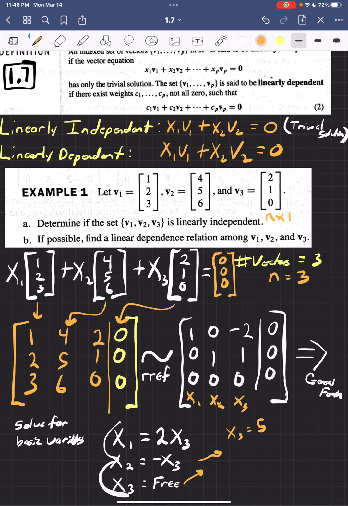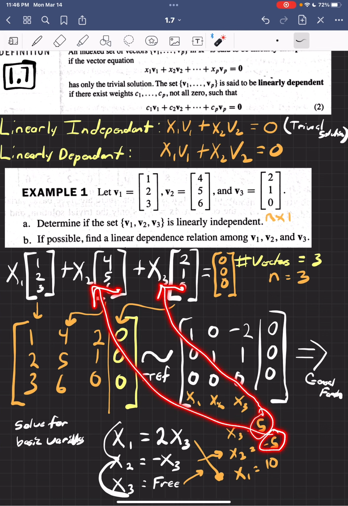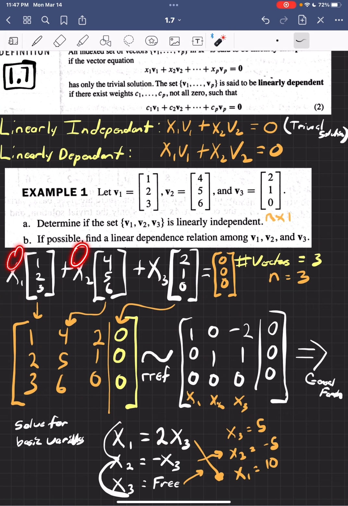Then x sub 2 would be negative 5, and x sub 1 would be 2 times 5, which would be 10. If you place 5, negative 5, and 10 here, when you do the math out, you will get 0. So there are other ways to get 0 than just choosing zeros as the scalars. We just found one of many.